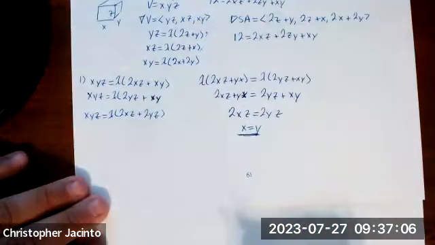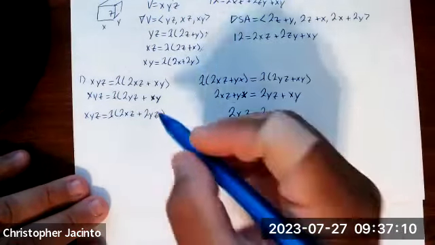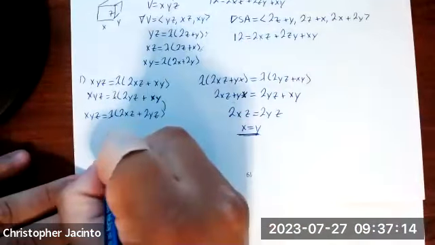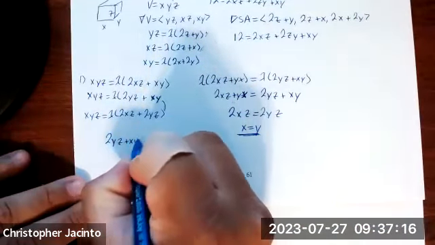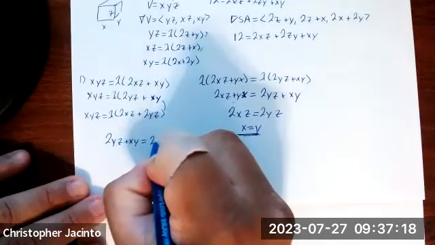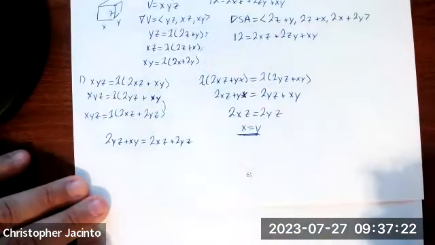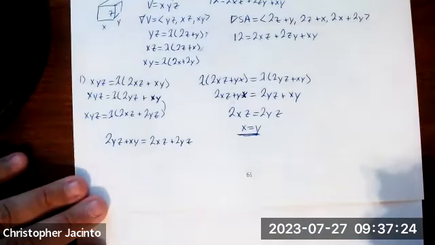We have that. And then I guess we could use any of them, so we'll use these two this time. So set them equal to each other. Gives us this.